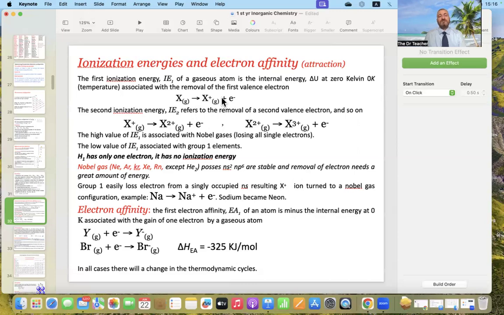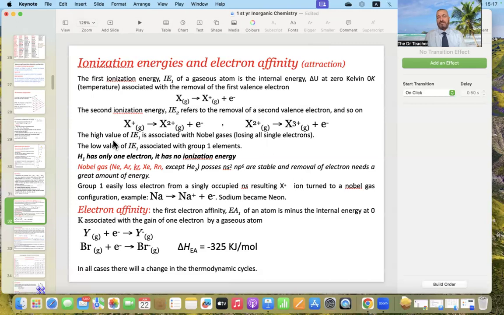The first with the first ionization energy, the second with the second ionization reaction. If you go further to lose the third, the gas becomes +3 and 3 electrons have escaped. A high value of ionization energy is associated with noble gases, which resist losing electrons.